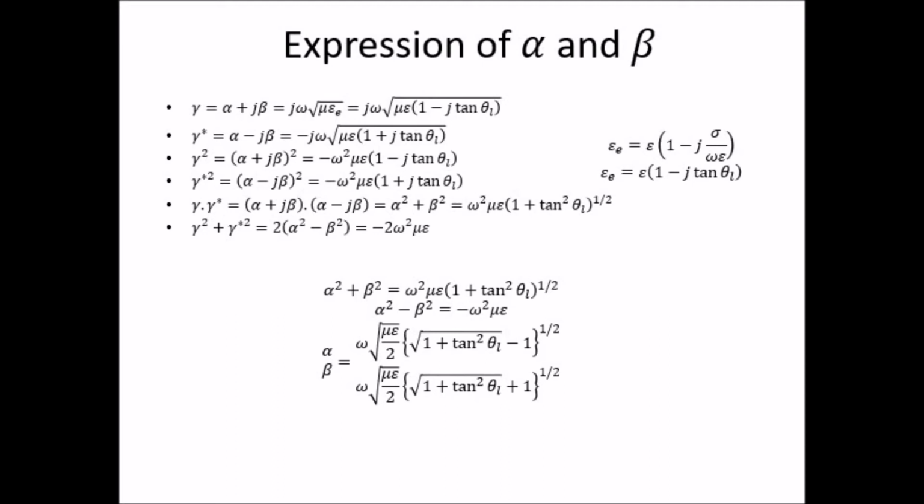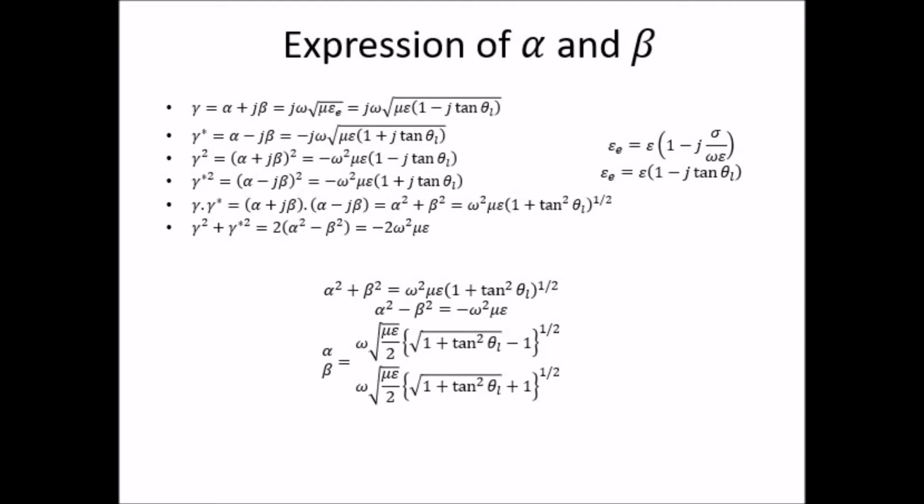So plus j will be negative j and negative j will be positive j. So the first j was positive, we change it to negative j omega mu epsilon, and this j is negative, so we make the conjugate of this, so that becomes positive j. So that is gamma conjugate.